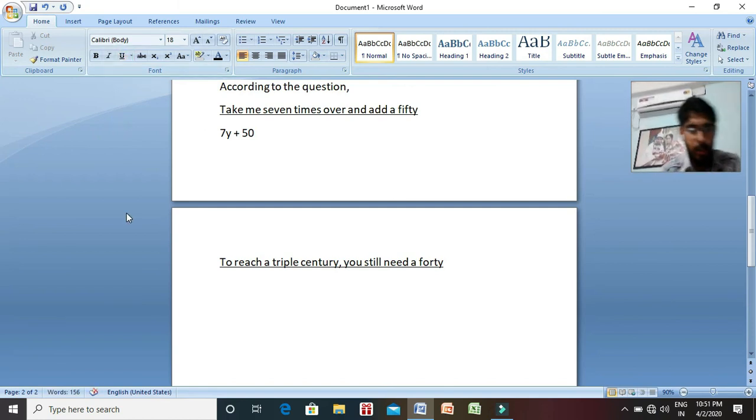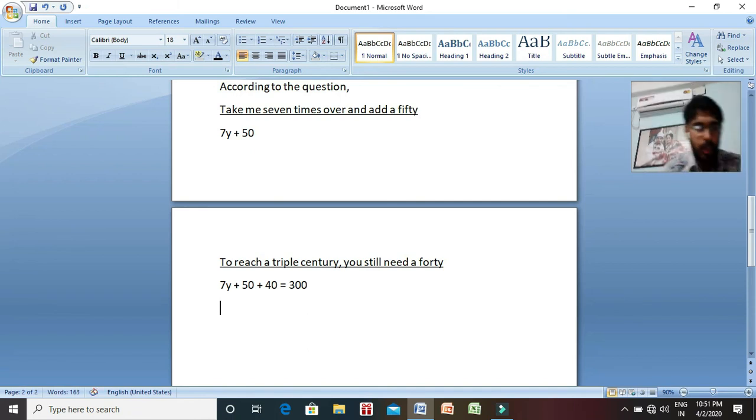Now in this case, we already had the number which is 7y plus 50, and we still need 40 more so that we will reach a triple century. So that should be the final equation.